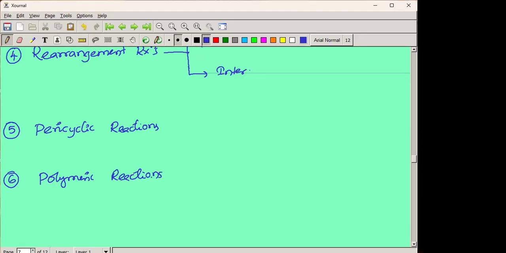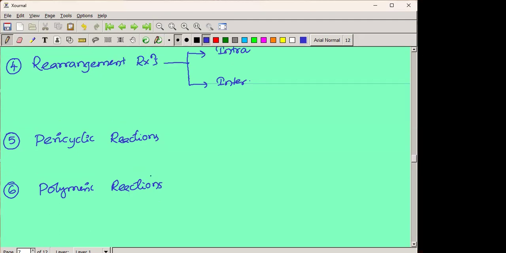So these are the different kinds of reactions: addition reactions, substitution, elimination, rearrangement reactions, pericyclic reactions, and polymeric reactions. We are going to discuss all these types of reactions in detail.